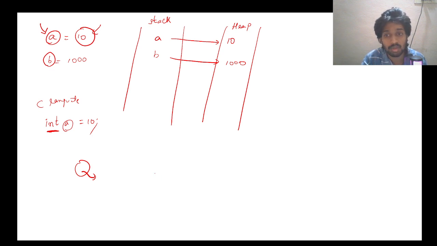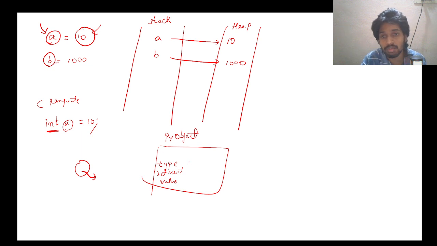In the previous lecture, we saw that each and every object is declared as a PyObject. Inside this PyObject, I have the type, reference count, and value. The type is assigned during runtime when this object is created.